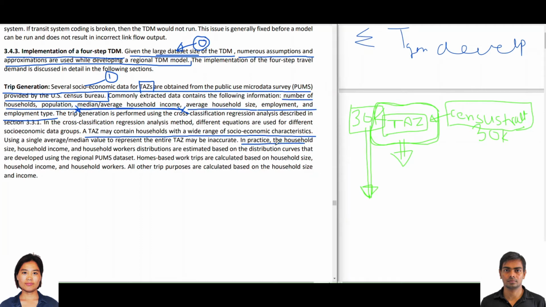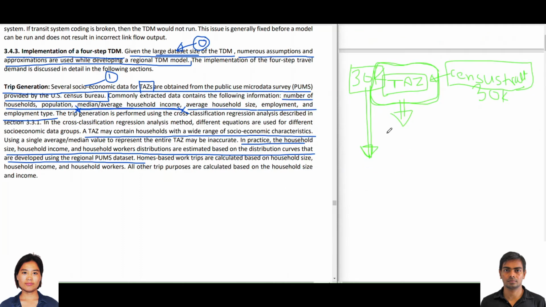In practice, the household size, household income, and number of workers in a household are distributed based on distribution curves. These distribution curves are developed using the regional PUMS dataset. So this is census data at TAZ level. Then we take the census data at regional level and come up with the distribution of income.